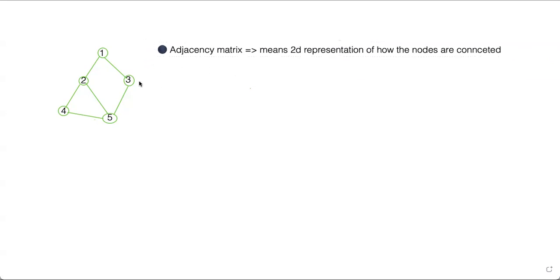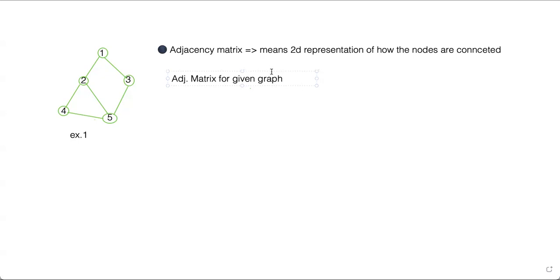So let us build the adjacency matrix for this example. This is example 1. Now let us try to build the adjacency matrix for the given graph.